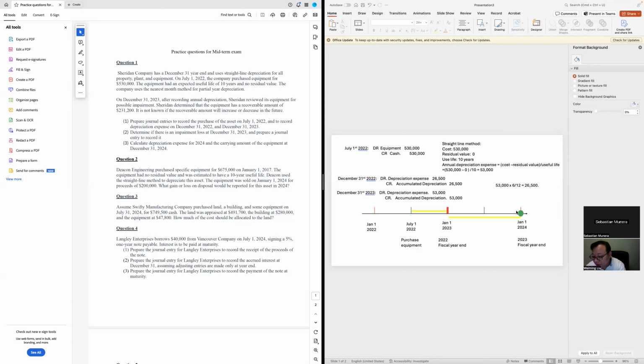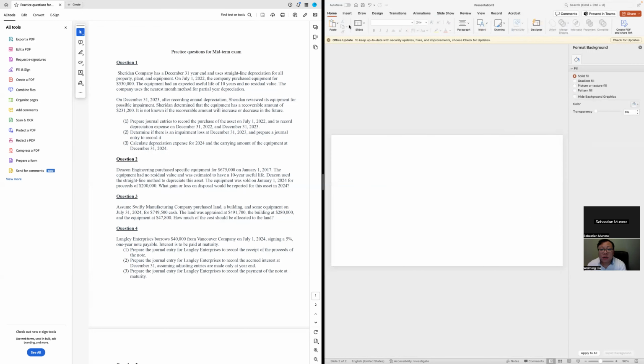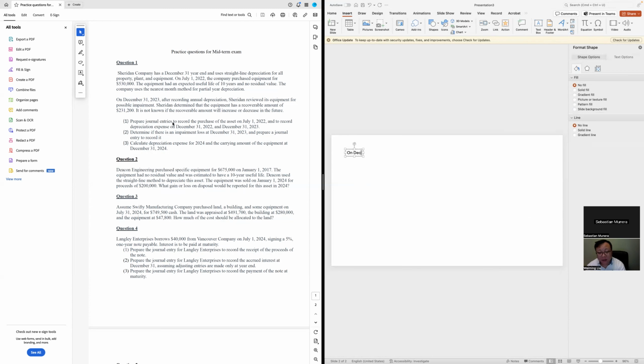To work on this one, we first ask ourselves, on December 31st, 2023, what is the carrying amount of the equipment? This carrying amount is also called net book value. It is the value based on the company's bookkeeping, right?